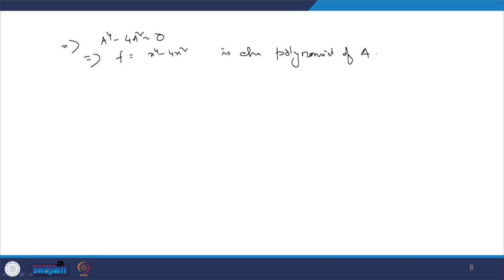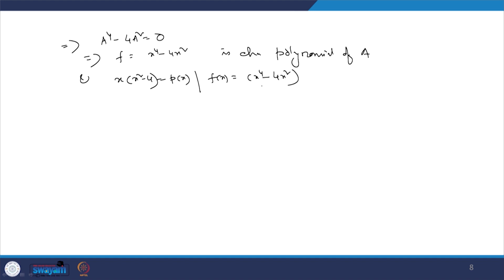of A. And I also see that because of the degree 4 polynomial, x into x square minus 4 equal to Px, this divides Fx equal to x to the power 4 minus 4 x square.